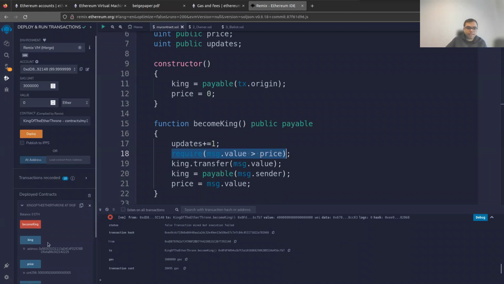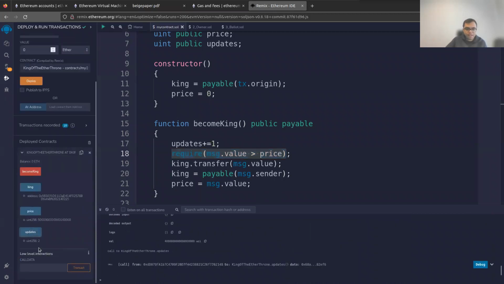So now if I ask how many updates I've had, it's still 2. So even though this transaction first increased updates to 3, because it then failed this require, all of its side effects were reverted, and so updates is again back to 2.